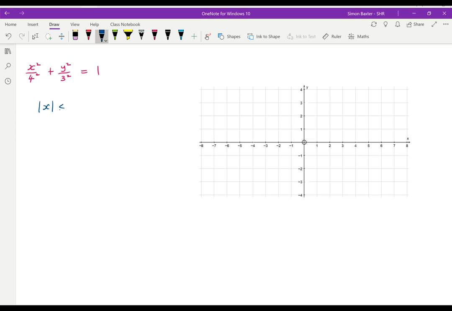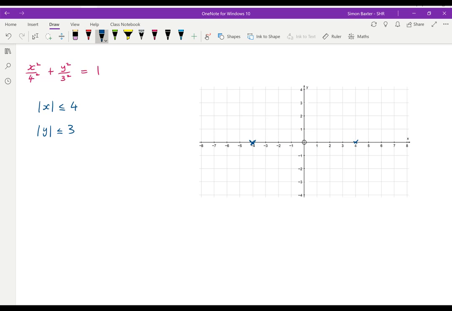mod x must be less than or equal to 4. And in the same way, mod y must be less than or equal to 3. If y is 0, x could be plus or minus 4, so we're allowed points on the axis at plus and minus 4.